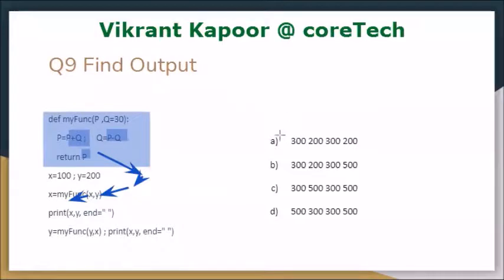Let's highlight 300 and 200. These are the two options. Once again, the function will be called. Now the value of Y, that is the second variable, will be updated. And now the answer after changes will be option B.